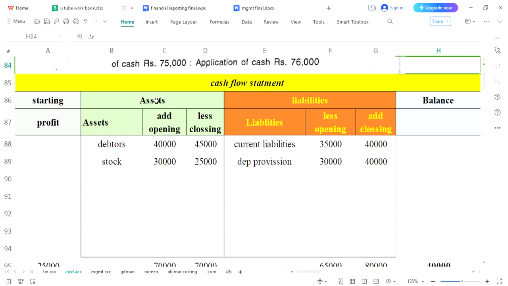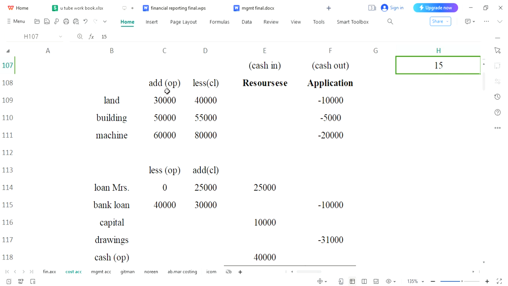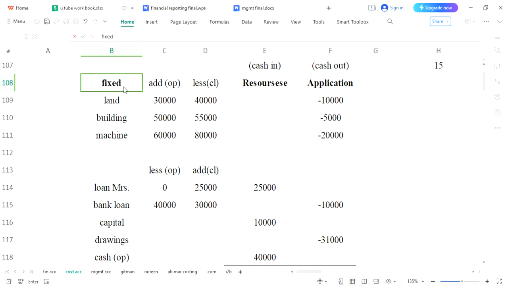Opening assets are added, closing assets are subtracted. Similarly, opening assets are added, closing assets are subtracted. The same you have done for your liabilities. Here you have written your fixed assets, and here you have written fixed liabilities.